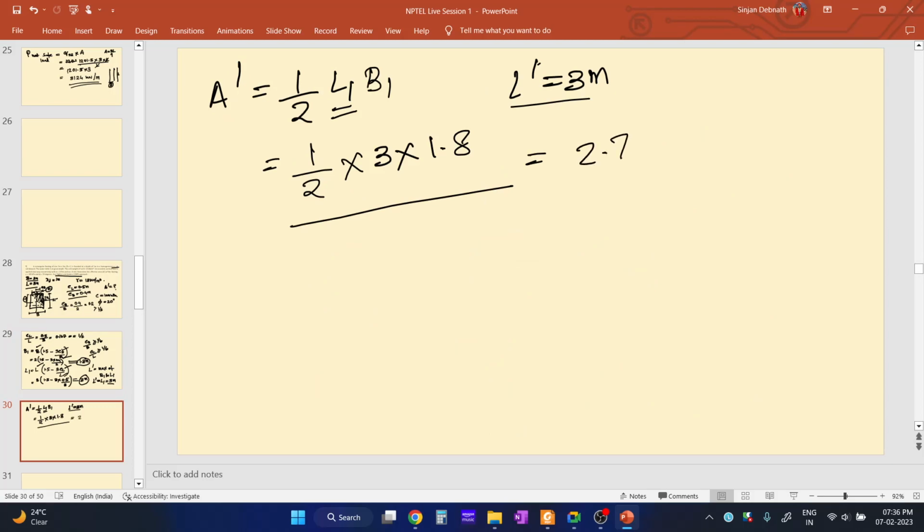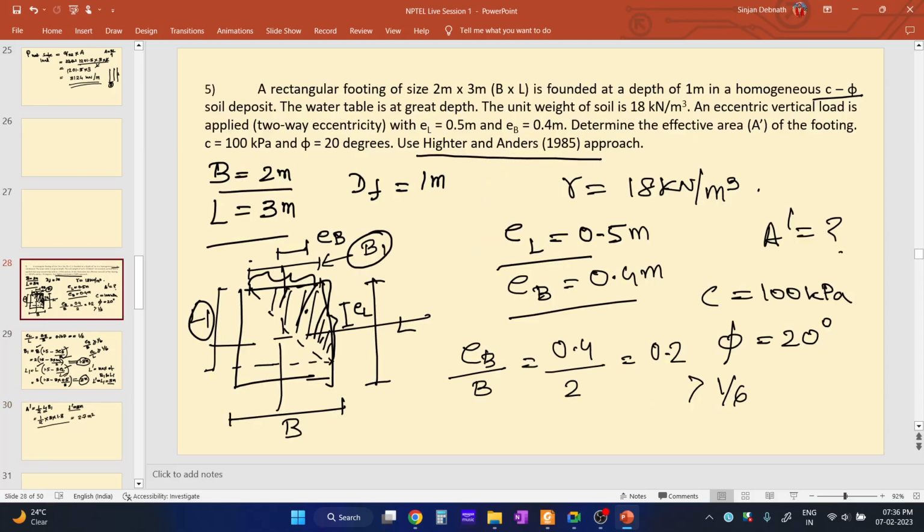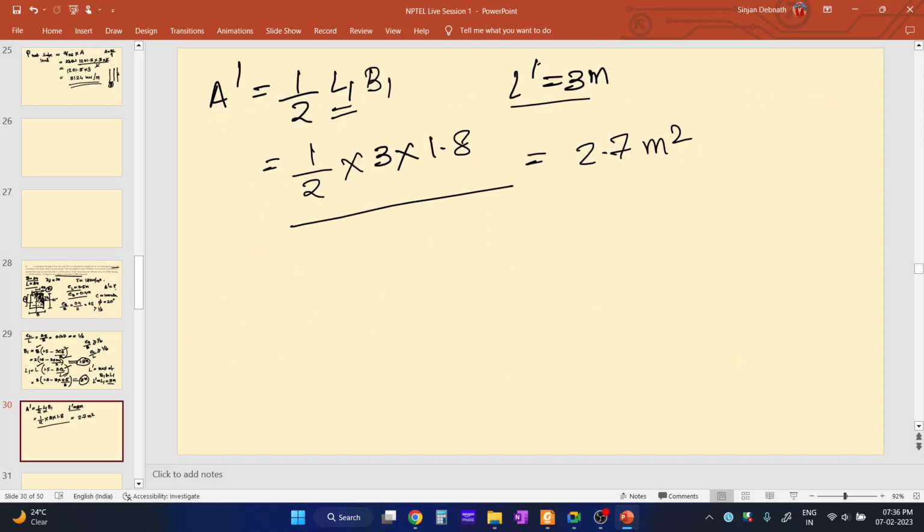It is 2.7 square meters. This is the effective area of the footing, meaning the load will affect only this shaded area. If you have any doubt, you may ask.